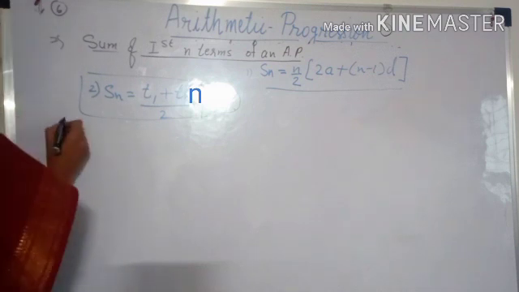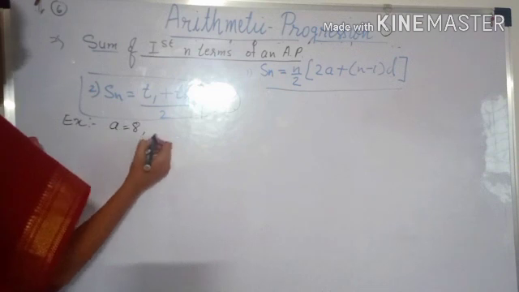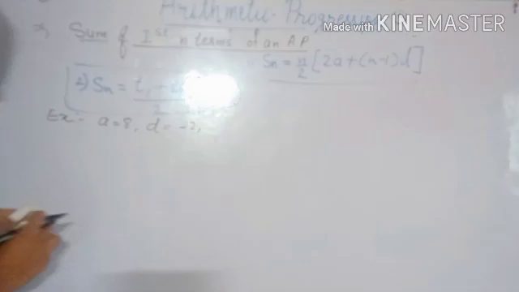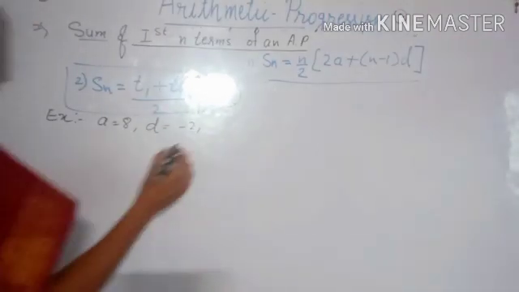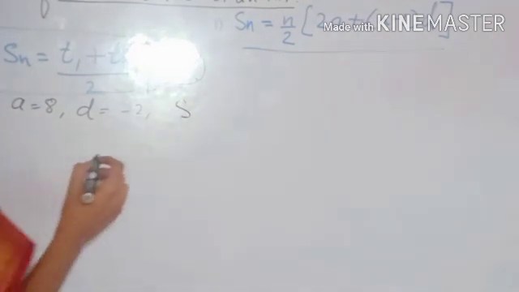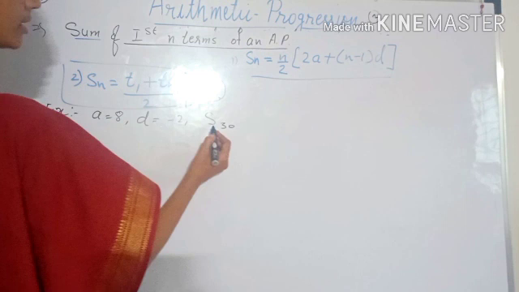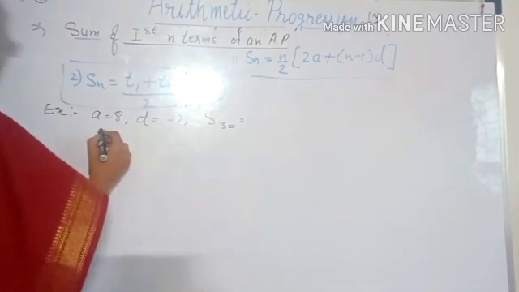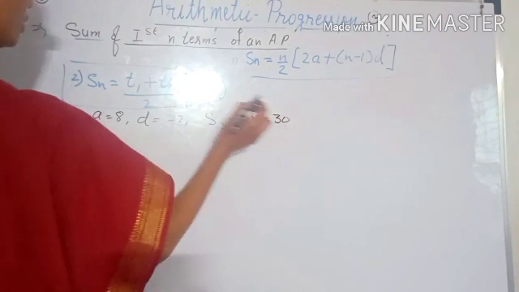Suppose a is equal to 8, d is equal to minus 2, and we have to find S30. If it is S30, it means that n is equal to 30.